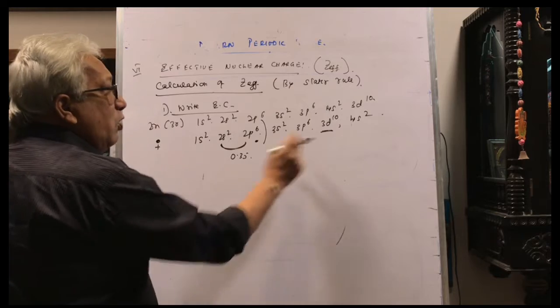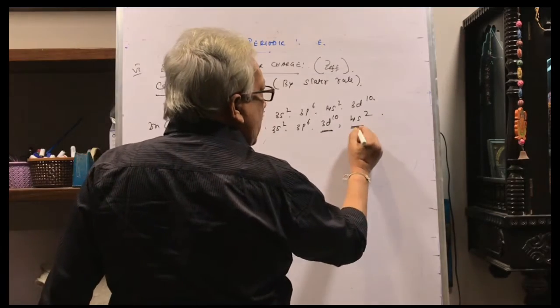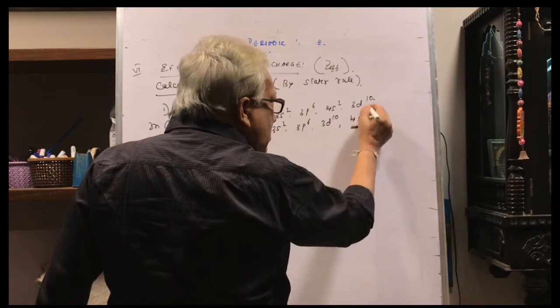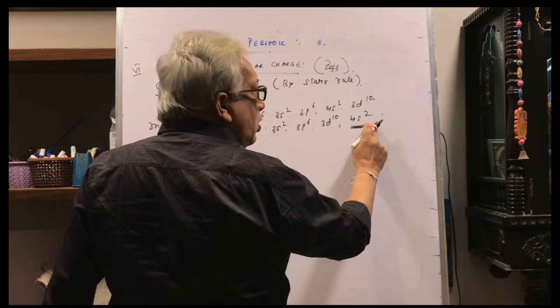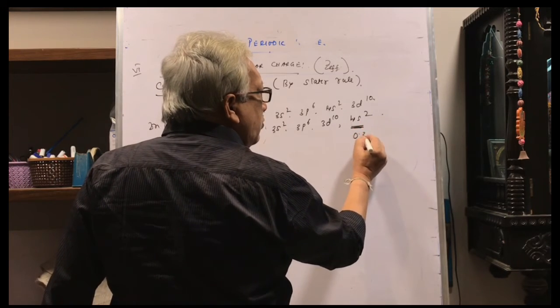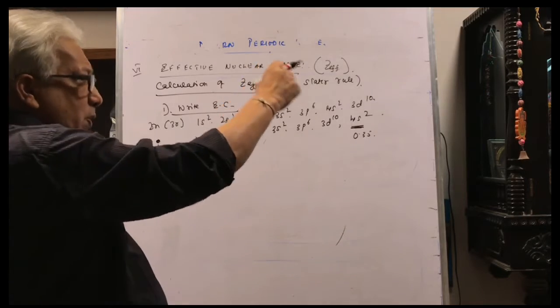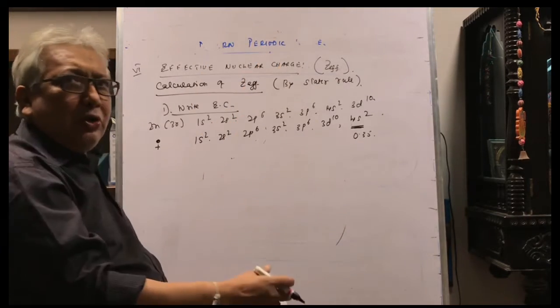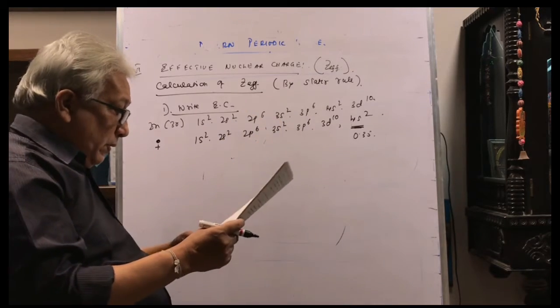But if I am thinking of 4s, then one electron of 4s is the electron of interest, and the other electron will be causing a shielding of 0.35. So in the shell you are thinking of, the outer shell, the remaining electrons will be causing a shielding of 0.35 unit.